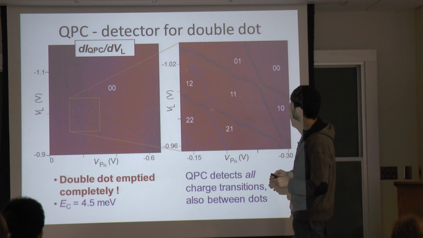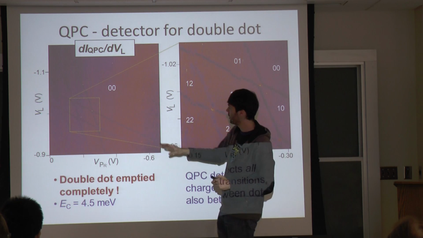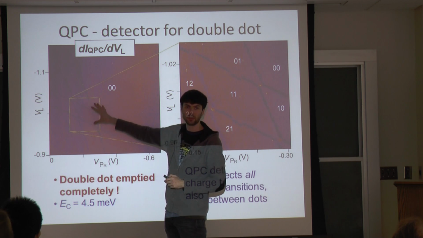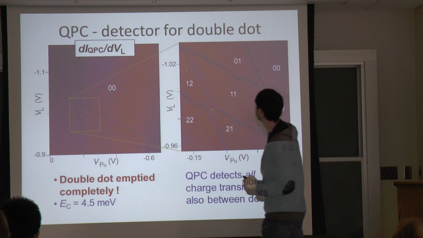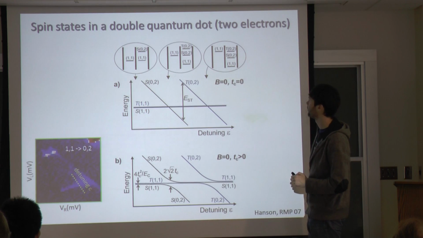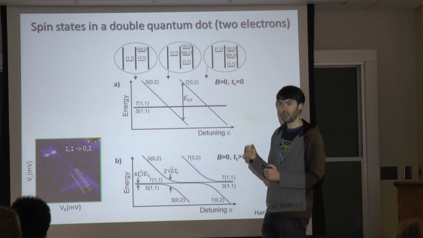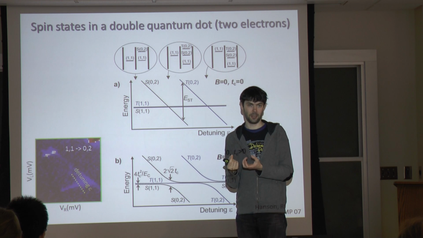Okay, so once again, we are going to be looking at double quantum dots that have these honeycombs. We are going to look in particular at a double quantum dot that has 2 electrons in it.